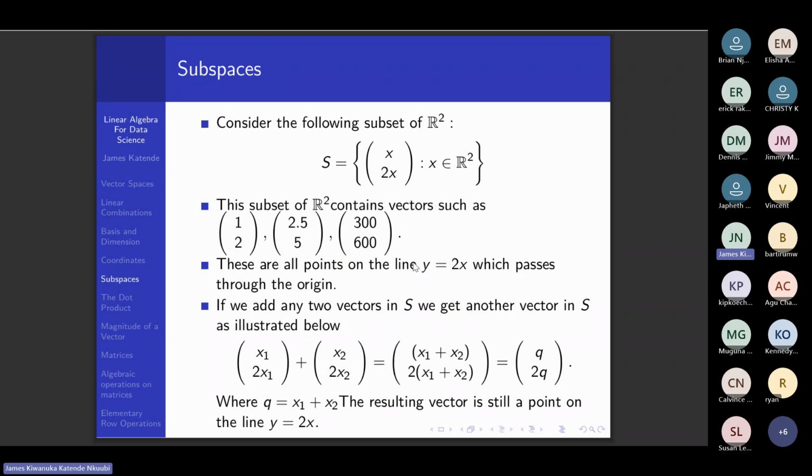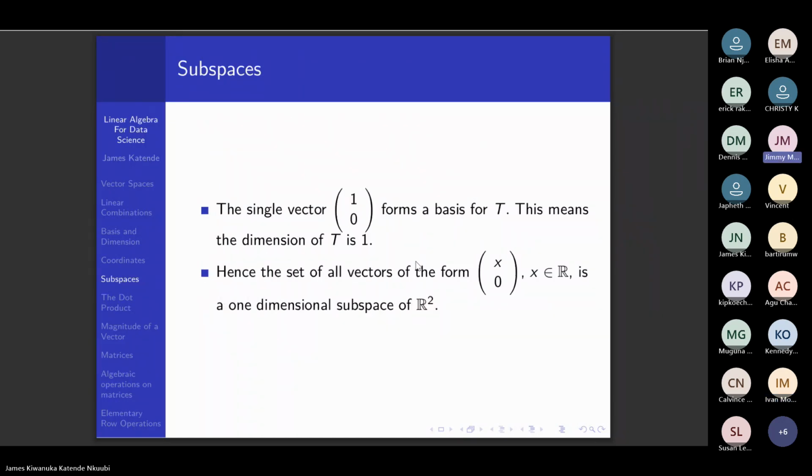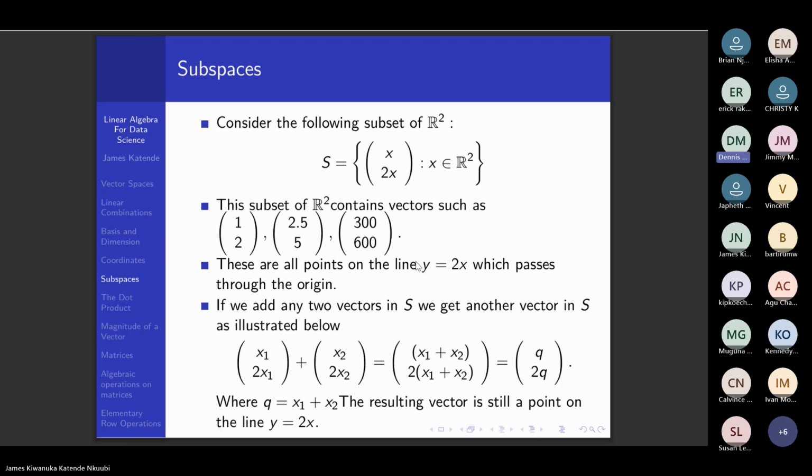So these are vectors whose y coordinate is twice the x coordinate. So sorry, Daktari, your screen has not changed. It's still in the... What are you seeing? Can you read the first line? The single vector (1, 0) forms a basis for T. This means the dimension of T is 1. But from my side, it was okay. Maybe he needs to exit and join again. I don't know.